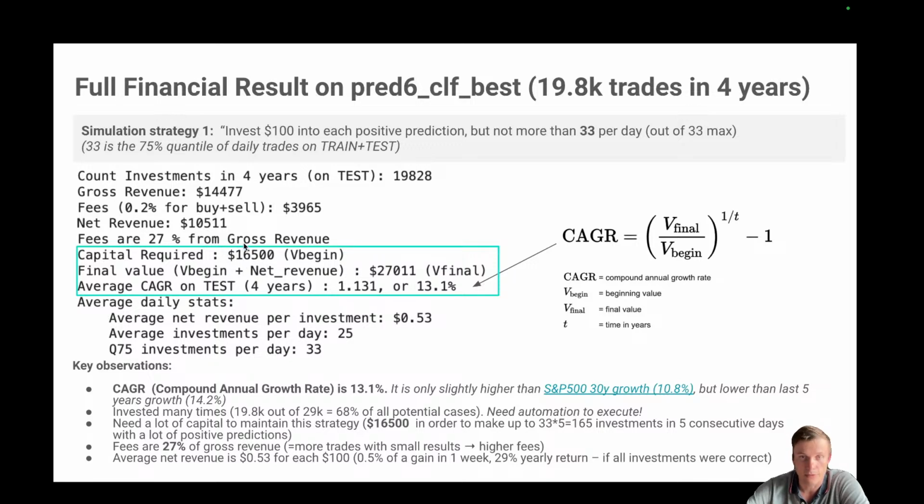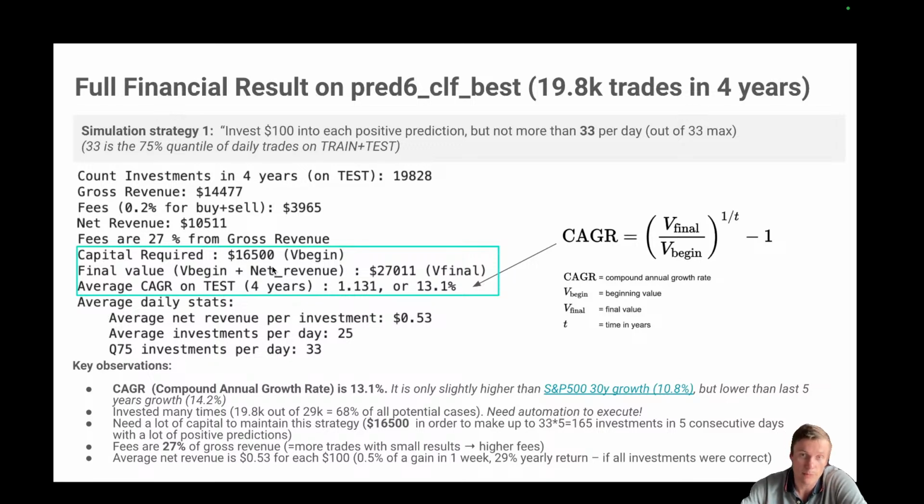And after 4 years of test simulations, we got 16.5 thousand plus 10.5 thousand net revenue. It is 27,000. This is a final capital. And in the same example that we had in homework number 1, if you divide one by another, it will be approximately 50% growth in 4 years.